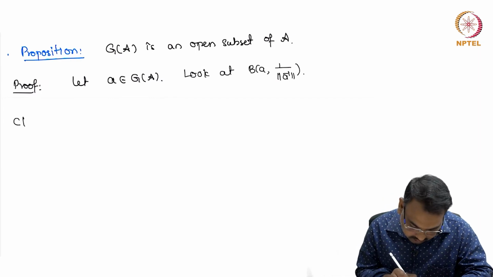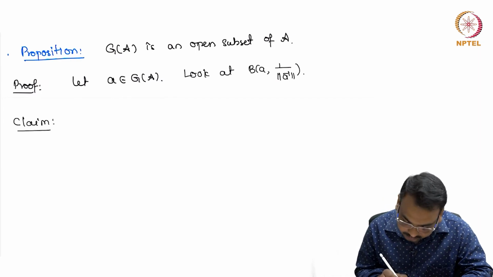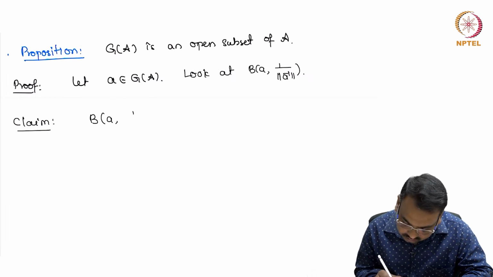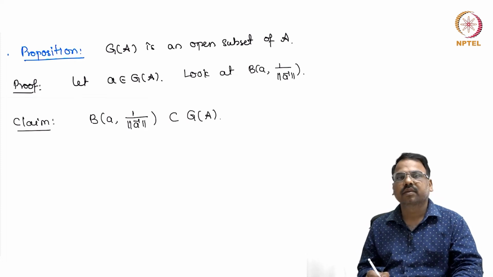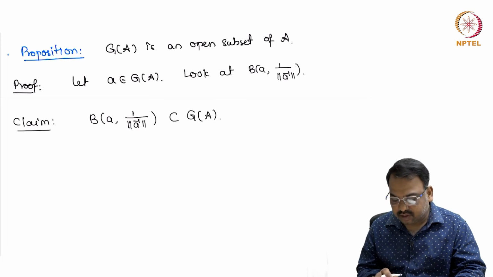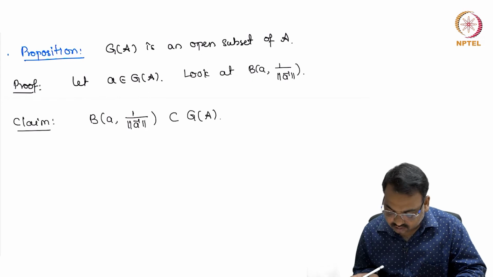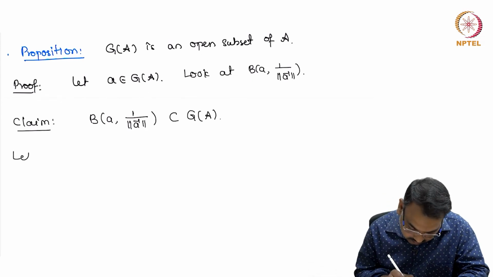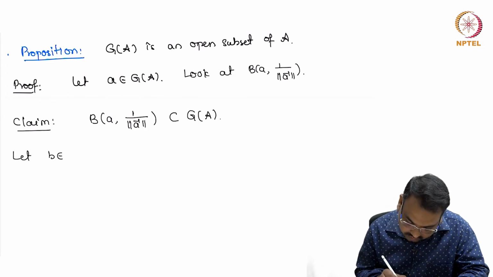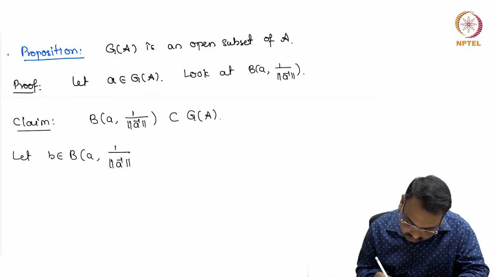We claim that the ball centered at A with radius 1 by norm A inverse is properly contained in G of A. That means if you take an element B from this ball, we should be able to show that it is also an invertible element in A. So let us take B from the ball centered at A with radius 1 by norm A inverse.